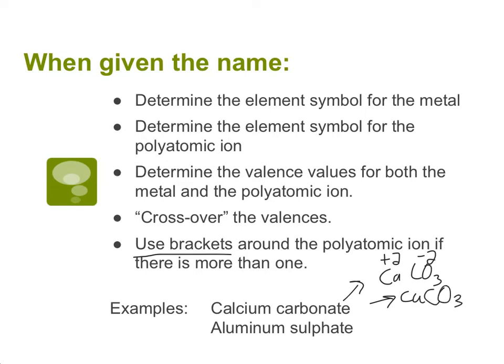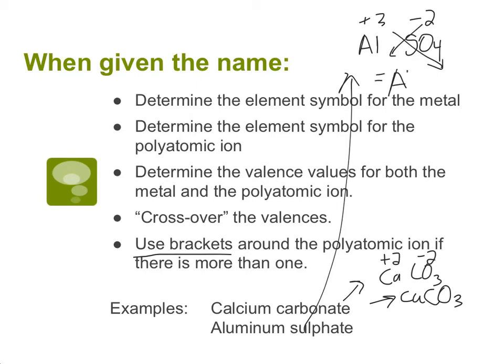CaCO3. Our second one, aluminum sulfate, let me just do it up here so I've got more space. We've got aluminum, which is Al. Our sulfate is SO4. Sulfate has a -2 valence. Aluminum is +3. So we're going to crisscross those down.